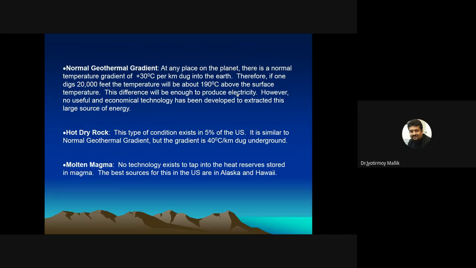So with the normal geothermal gradient, you have to dig around 20,000 foot. And that temperature difference between the surface and the underneath will be enough to actually create electricity. But that will be uneconomic. Okay, so that will not be a very viable idea.